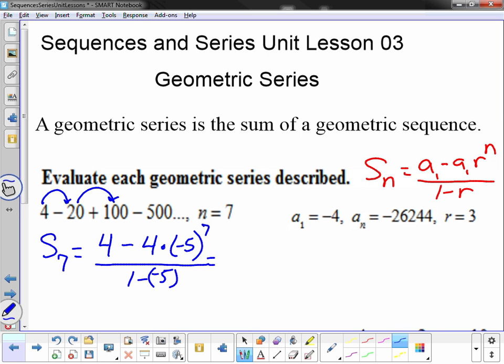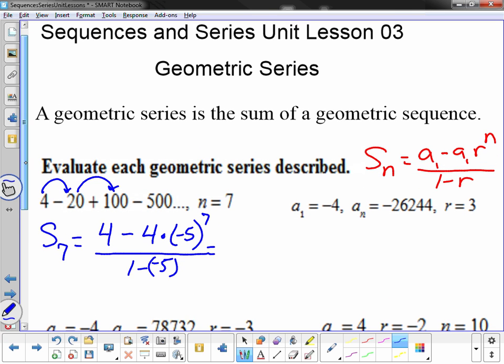So now if I do this, handy-dandy little mathematics, I get 4 minus, it's going to be a plus because that's a 7th. Well, I'm going to have to do negative 5 to the 7th power. So using the calculator is what I'm going to have to do.